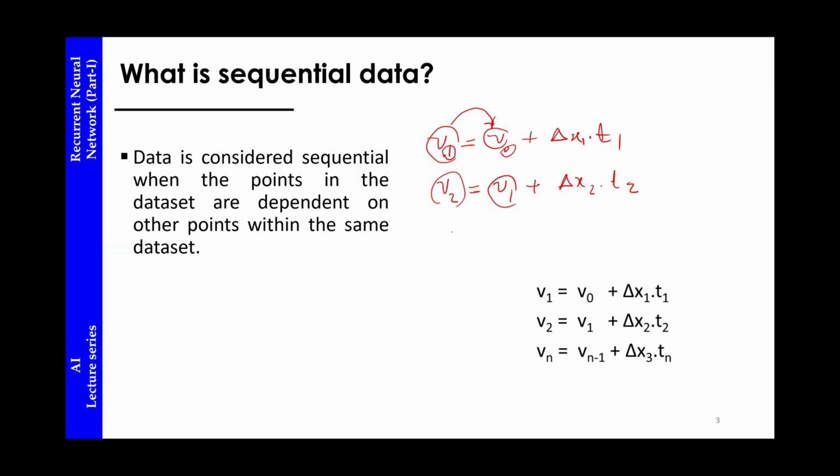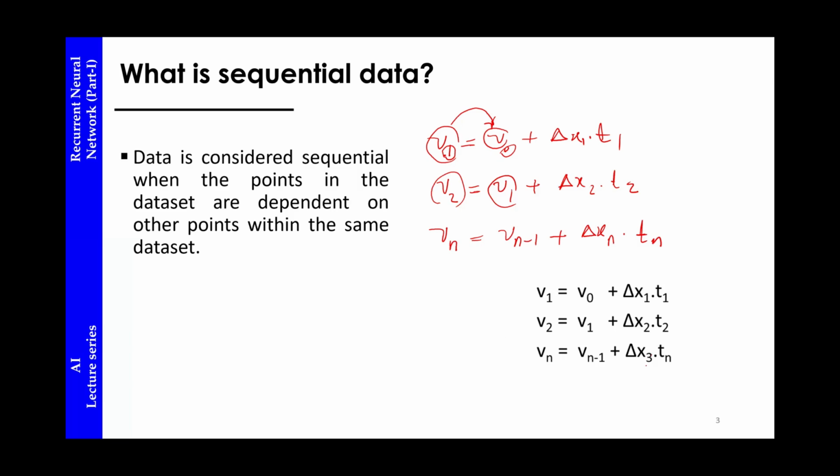And for all of the time steps, generally we can write velocity at time step n equals velocity at the previous time step plus delta x n times t n.